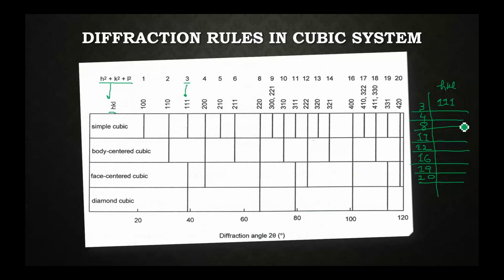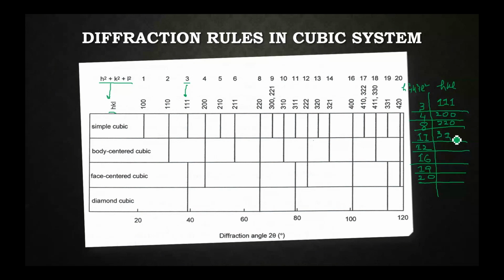Clear enough? Yes, sir. For the second peak, for which the sum h square plus k square plus l square is 4, what would be the Miller indices? 200. For 8, 220. For 11, 311.